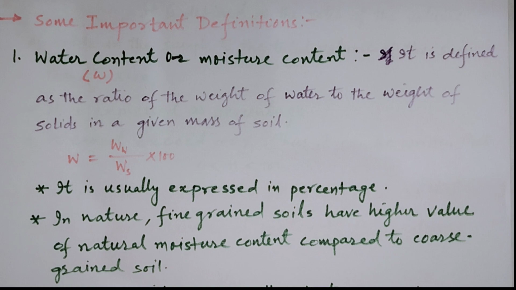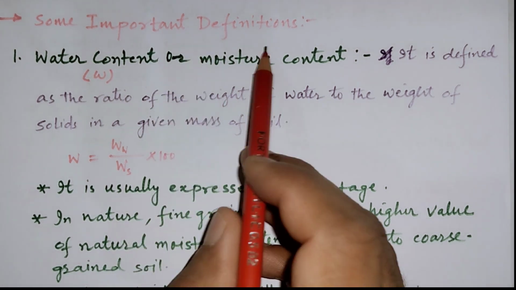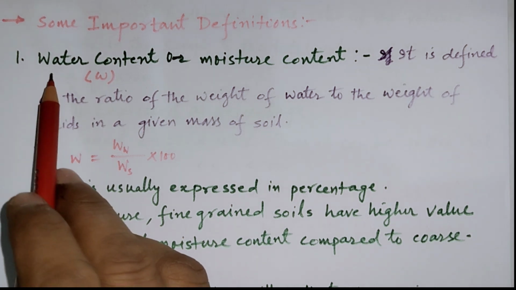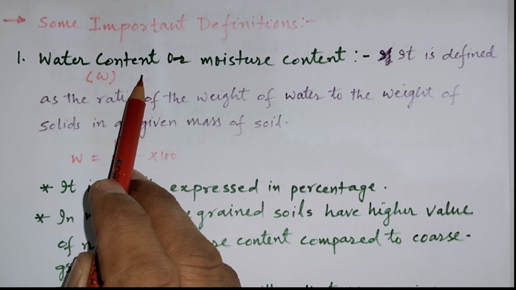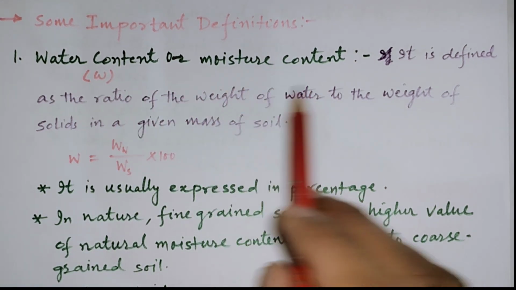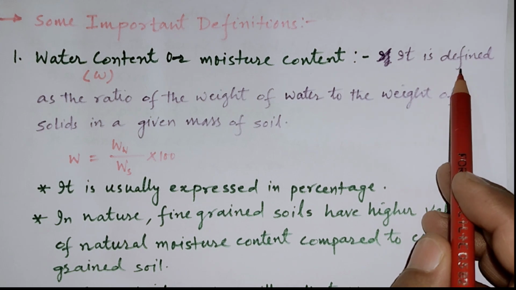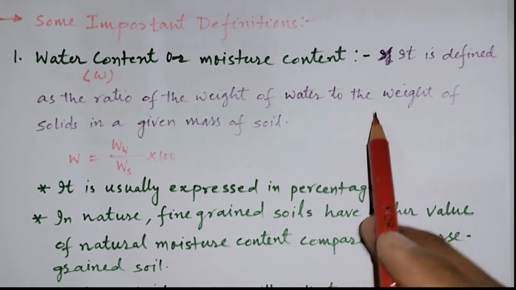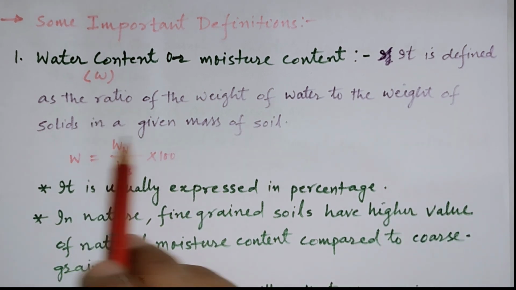Let us discuss some important definitions which will be very useful throughout this course. Number 1 is water content or moisture content. Water content or moisture content is defined as the ratio of weight of water to the weight of solid in a given mass of soil.